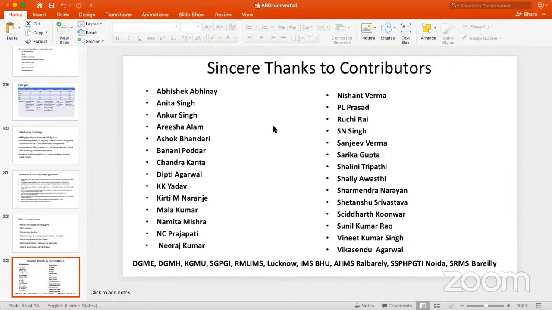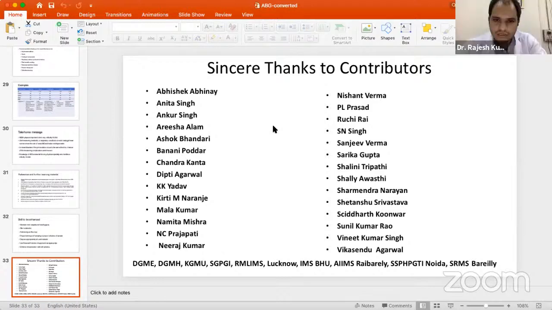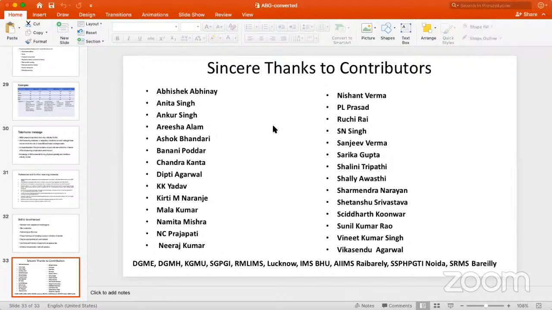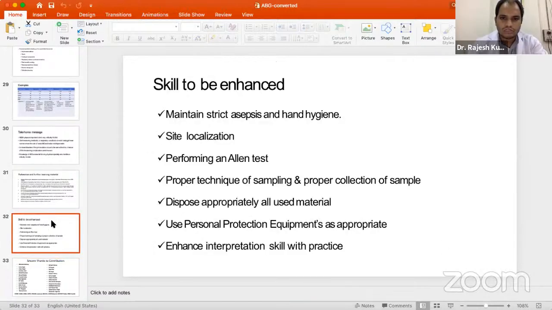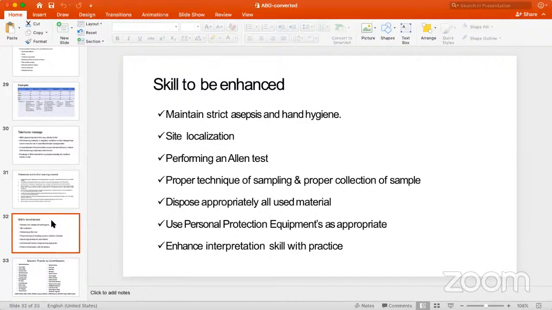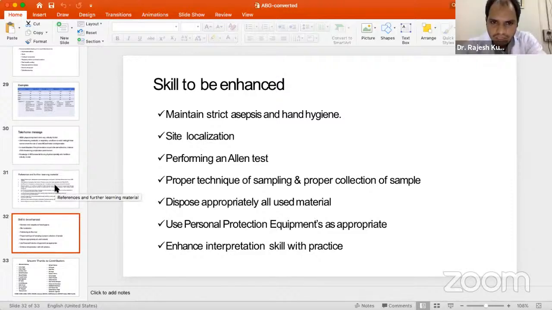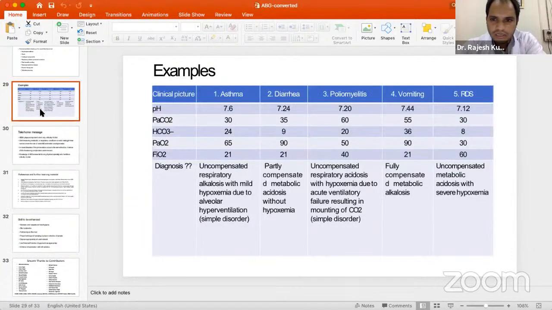Can you specify some topic or content of the slide? Dr. Radha, you can put on your microphone and speak, and then put it off. The table that was showing acidosis and alkalosis cases. This one.